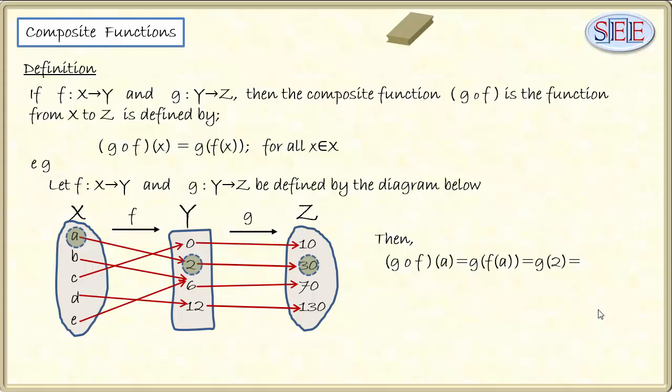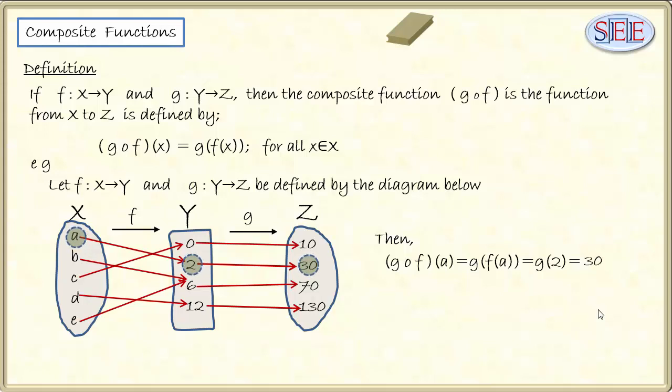Look at it from the drawing. The image of a under the function f is 2. Then we continue to get the image of 2 under the function g, which you can see is 30. So entirely, the image of a under the composite function is 30.